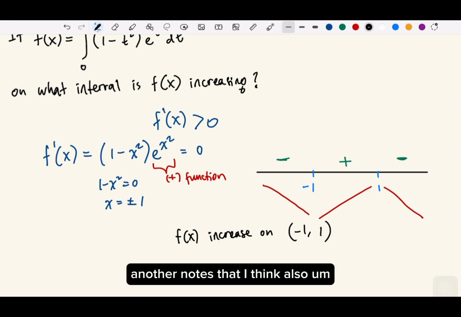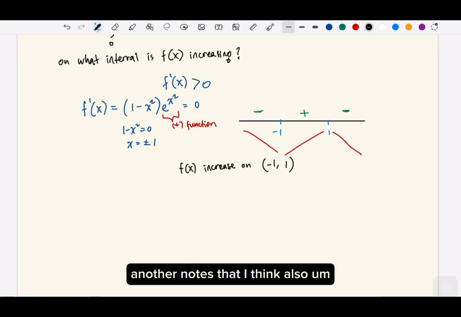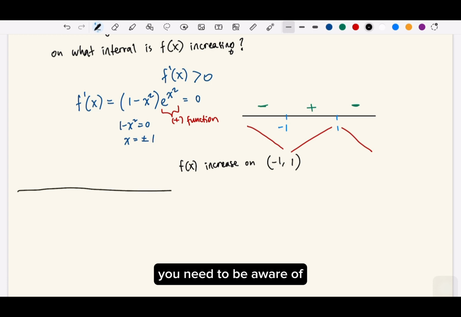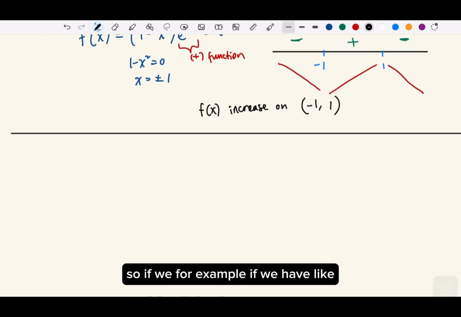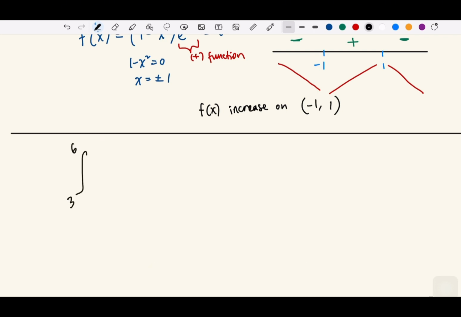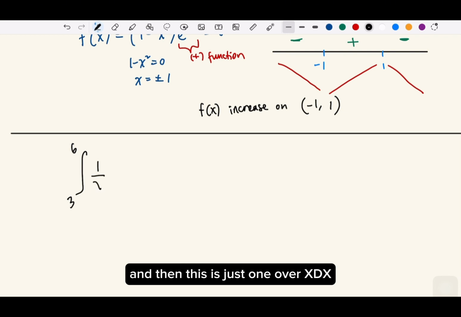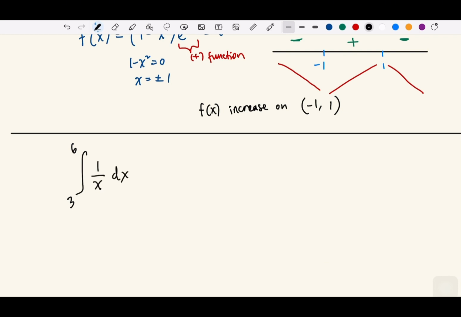Another note that I think you also need to be aware of. Okay. So for example, if we have integration from 3 to 6 of 1 over x dx.